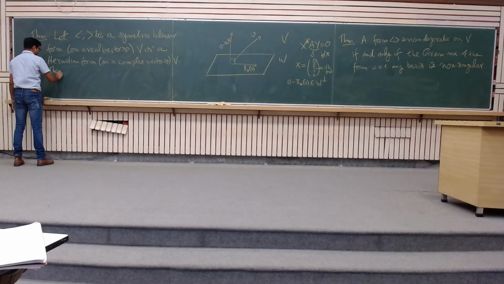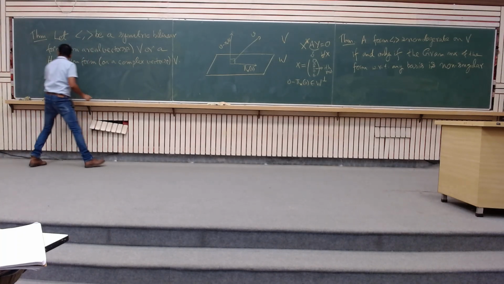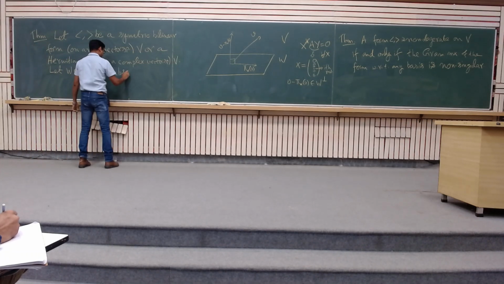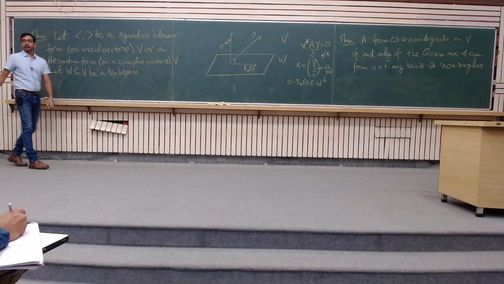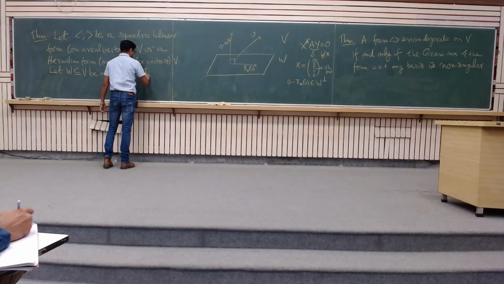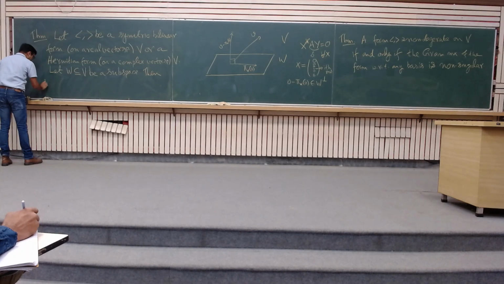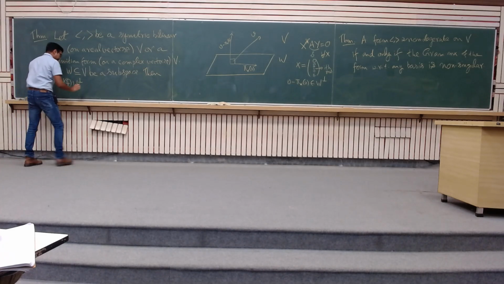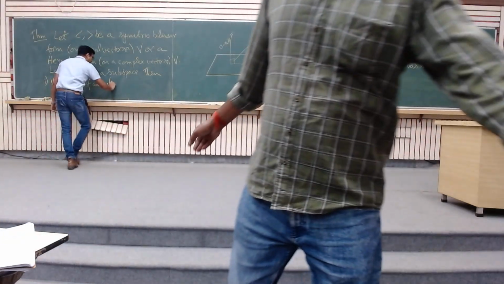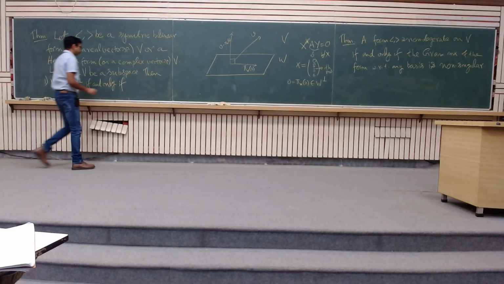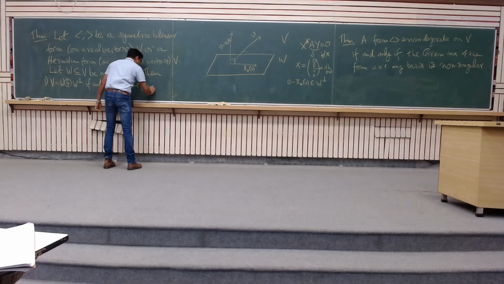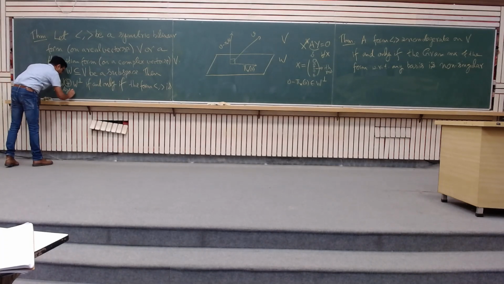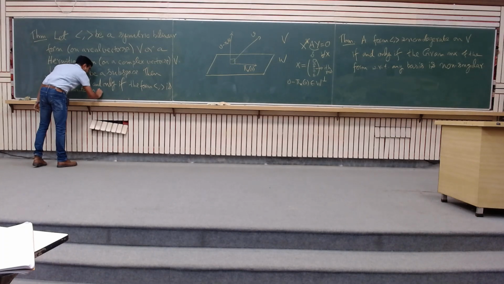Then, well, wait a minute. Let W be a subspace of V. Then part 1: V is equal to W direct sum W perp if and only if the form is non-degenerate on W. Okay.